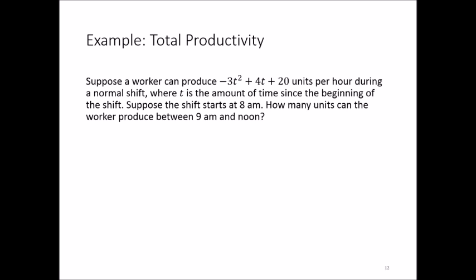That's the number of hourly units the employee might produce over the course of a normal shift. Imagine a shift starting at 8 a.m., and you want to know how many units the worker produces between 9 a.m. and noon. Go ahead right now, see if you can write down that integral for yourself.